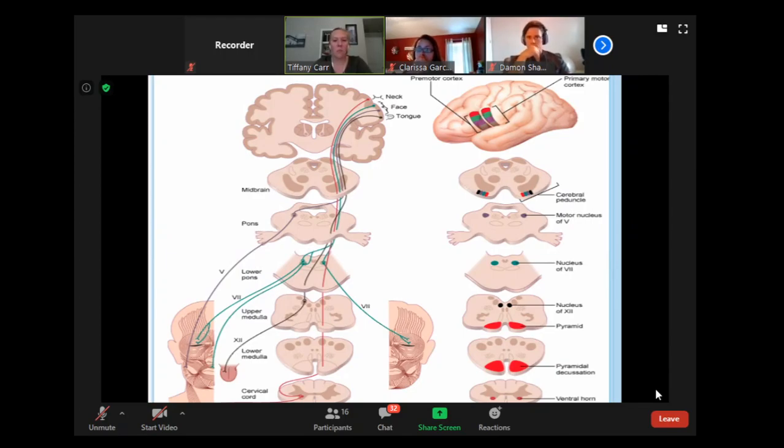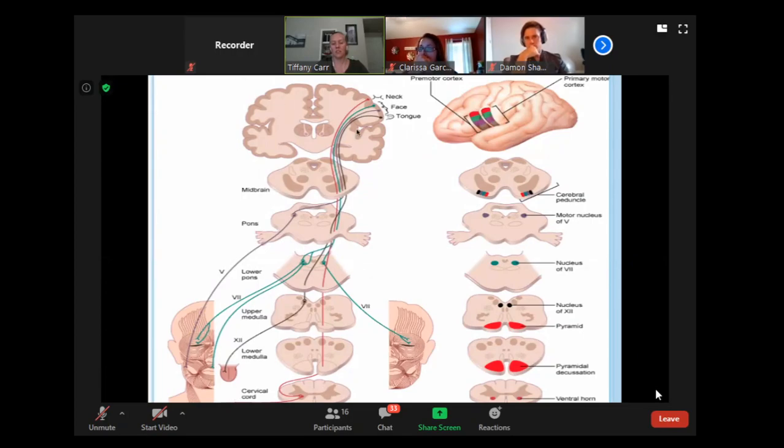So with an upper motor neuron lesion, when cranial nerves 7 and 10 are impacted for the motor movement of the tongue, it's going to deviate, make sure I say this correct, away from the lesion, because the opposite side is going to be innervating the other side of the tongue.